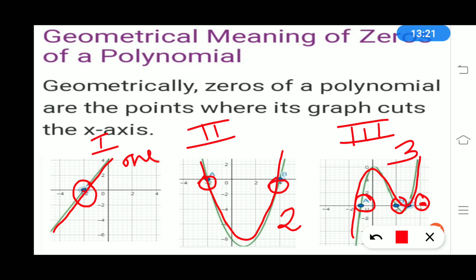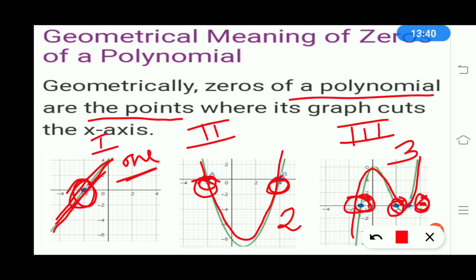Clear? Because geometrically zeros of a polynomial are the points where its graph cuts the x-axis. So the number of zeros for the first one is 1, for the second one 2, and for the third one 3.